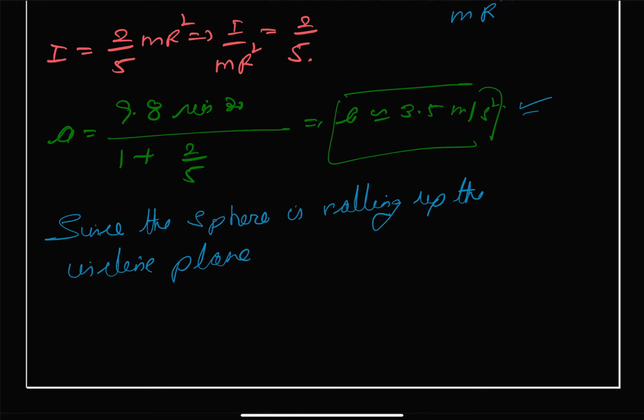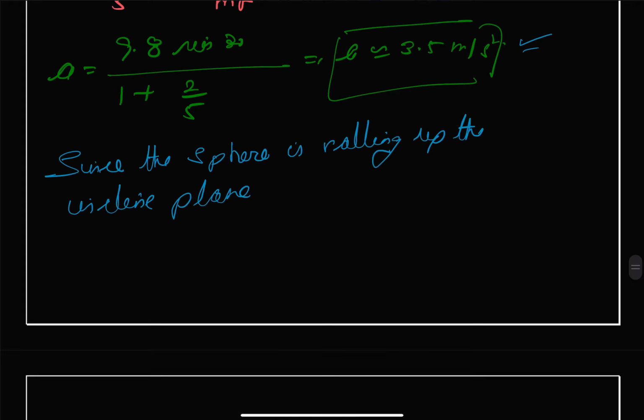Therefore, acceleration a will be equal to minus 3.5 meter per second square when it is rolling up the inclined plane, because the acceleration is going to remain the same.